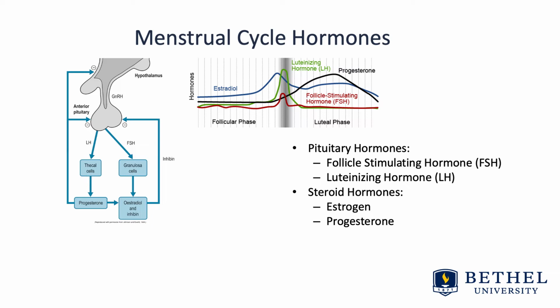But as some of those follicles get bigger and bigger, they start to be able to make estrogen. And as estrogen is released, it travels through the blood system, goes to the hypothalamus, and says, hey, slow down on making GnRH. So FSH prompts follicular growth, but then those larger follicles start making estrogen that then says slow down on making FSH, and then less and less FSH starts to be released because of all the estrogen in the system.